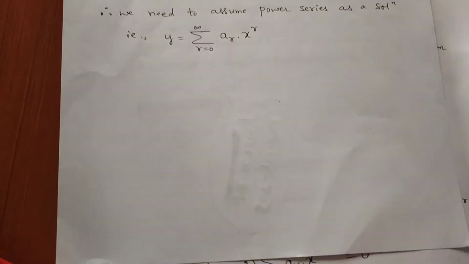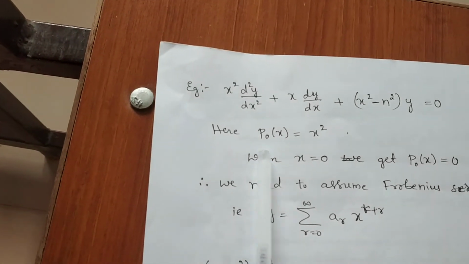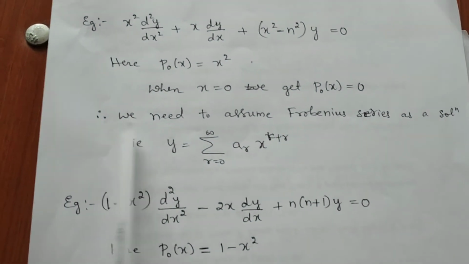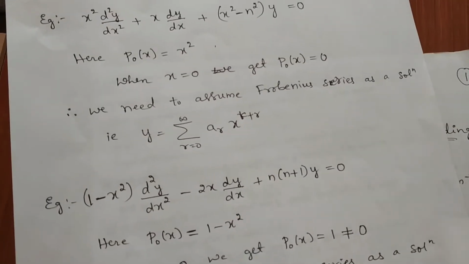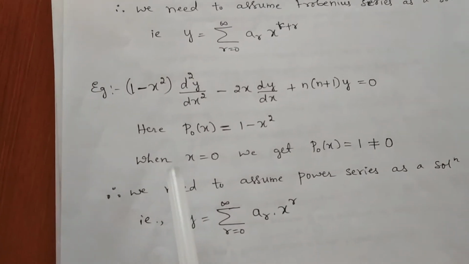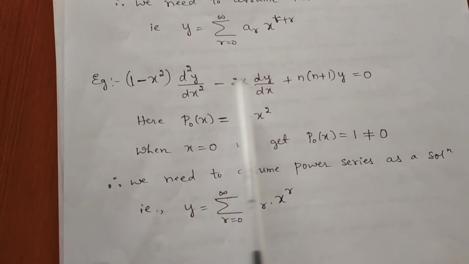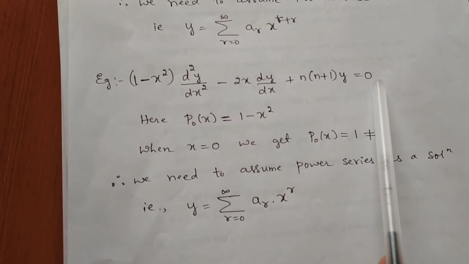Now, in this first example, since the value of p0 of x is 0 when you substitute x equal to 0, we need to assume Frobenius series as a solution. Similarly, one more example: (1 minus x square) d square y by dx square minus 2x into dy by dx plus n into (n plus 1) y equal to 0.